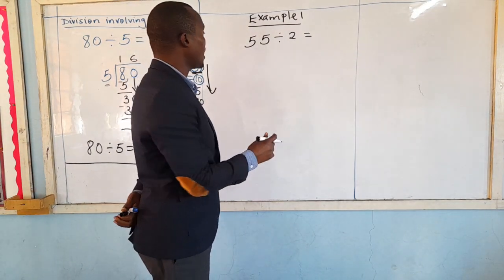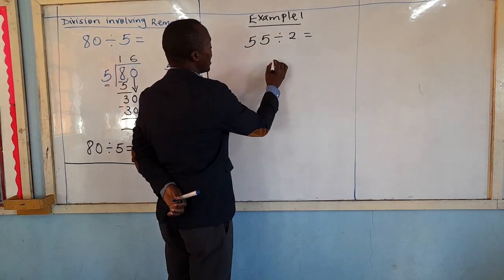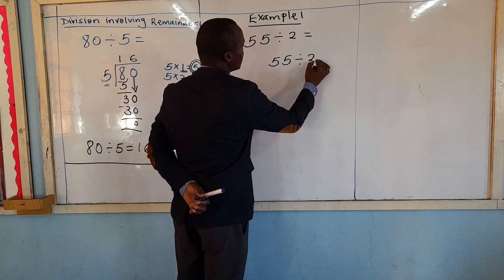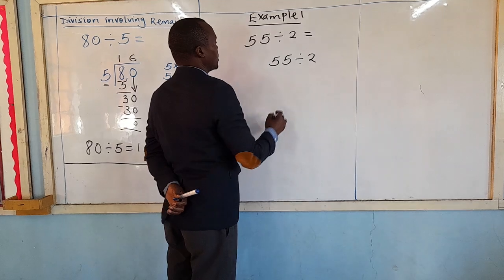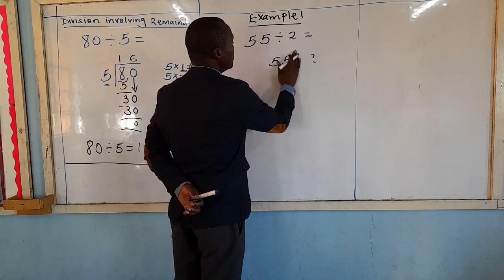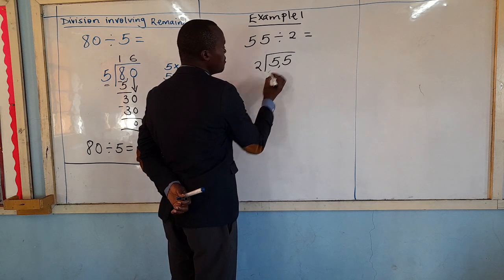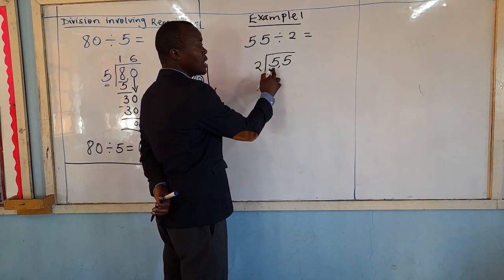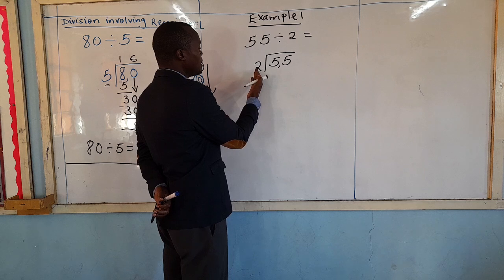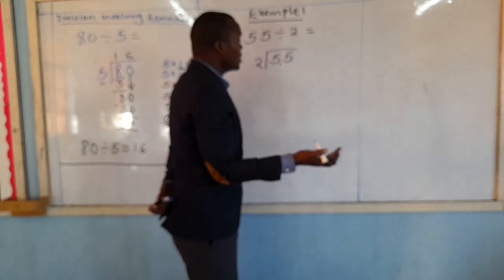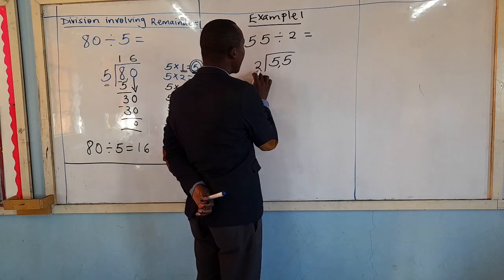The same way, arrange the work going down as 55 divided by 2. Then consider the first digit, which is 5. Ask yourself how many times will 2 go into this 5 alone? If you don't know, just don't even waste time. Make a table of 2.